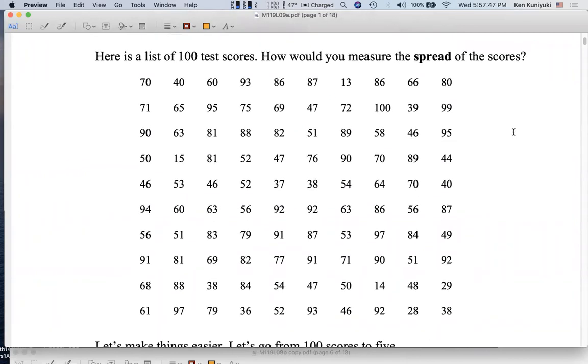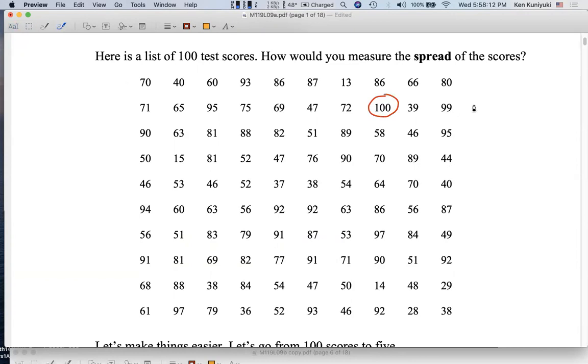Let's say that we have a list of 100 test scores. How would you measure the spread of these scores if you had maybe 15 seconds without a calculator? Well, you might try to find the highest score, the max score. Someone did ace the test, assuming this was out of 100 points.